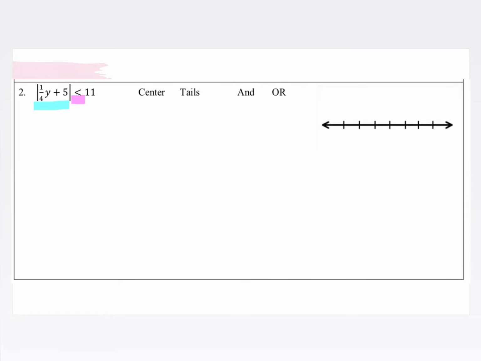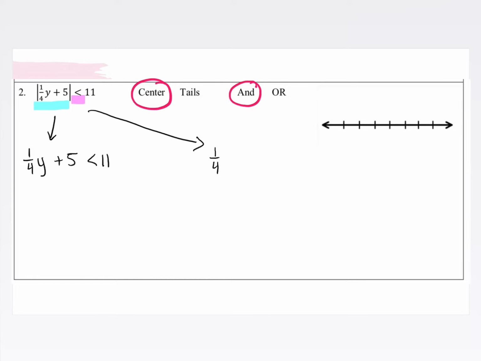Our inequality right here is less than, so we have an and. I'm going to shade in the center. Now we can split. So we have 1/4 y plus 5 is less than 11, and 1/4 y plus 5 is greater than negative 11.